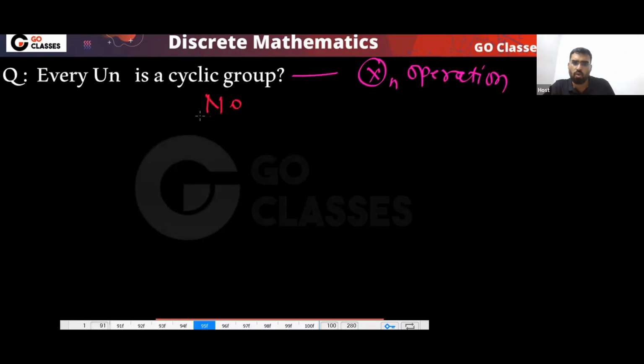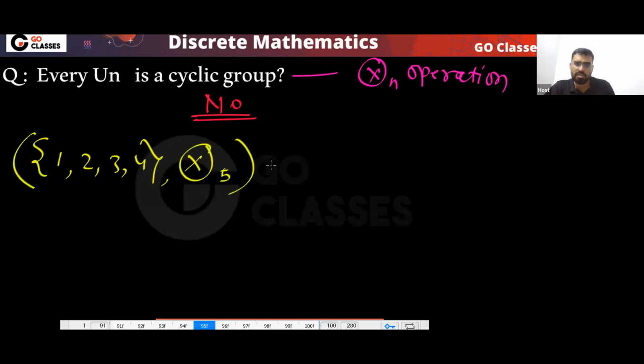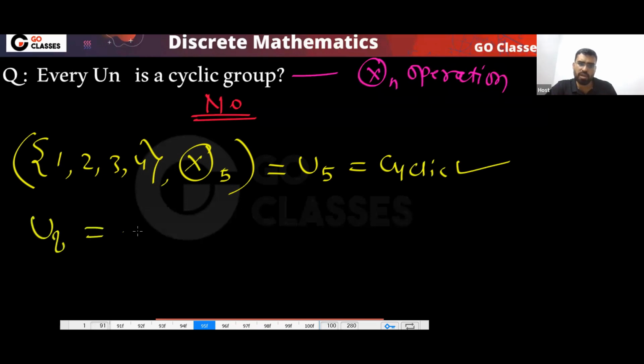The answer is no. Because you can notice this is not cyclic. Like 1, 2, 3, 4. This is cyclic. You can notice this is your U5 and this is cyclic. But if you notice U8, this is not cyclic. We have already seen.